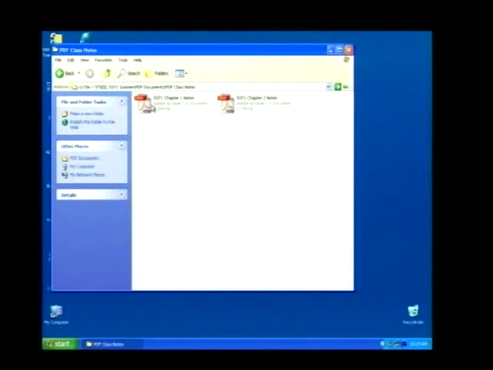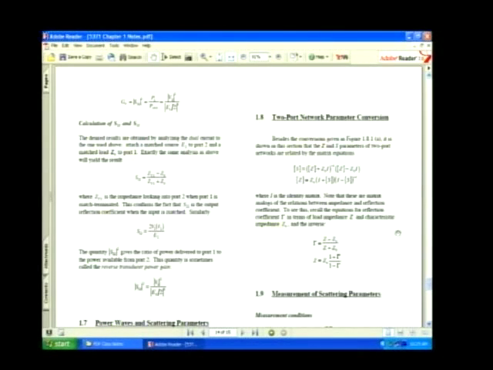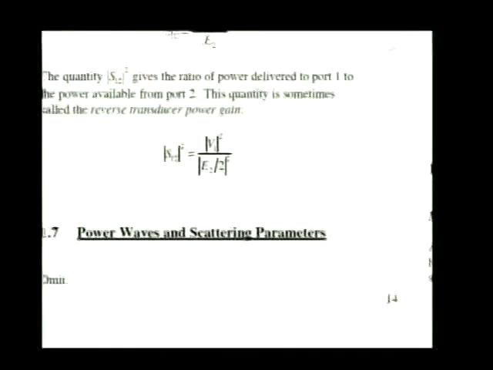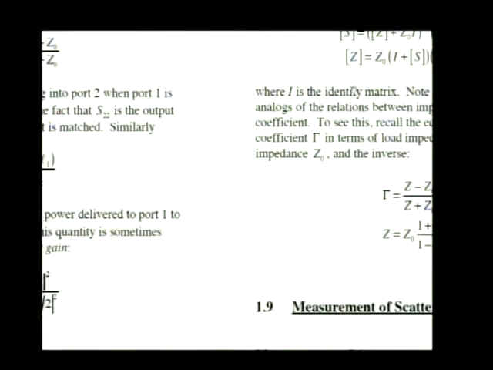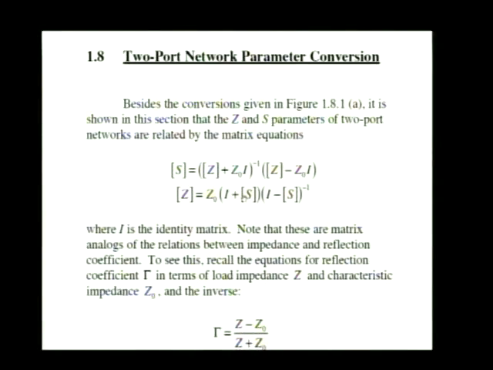Turning back to the notes then, we're almost done with chapter 1 now. Section 1.7 of the textbook we're not going to worry about. Section 1.8 talks about converting from one set of network parameters to another.